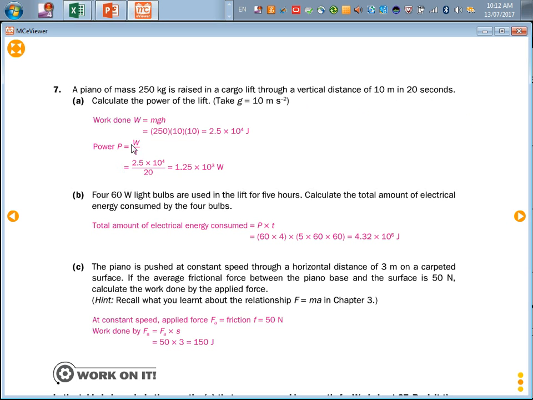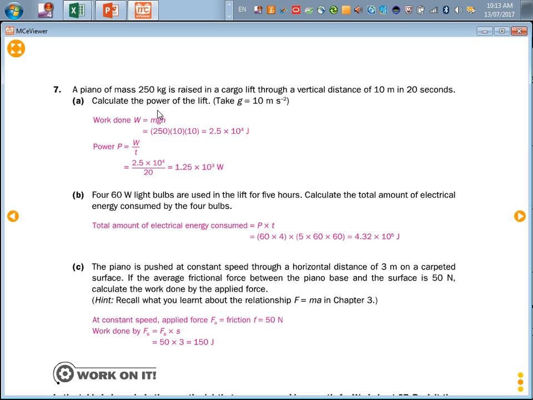We need to find out the work done, which is force times distance moved in the direction of the force. So the force is upwards, overcoming the weight. Okay, that will be 250 times 10. That is our force overcoming the weight. And it is moved through a vertical distance of 10 meters. So that is the distance moved in the direction of the force. That is 2.5 times 10 to the power of 4 joules.